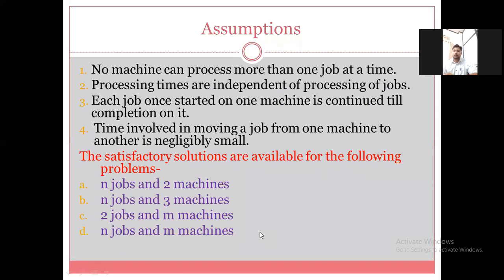Second one is n jobs and three machines. Third one is two jobs and m machines. And the last one is n jobs and m machines.